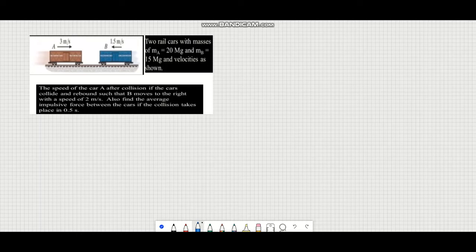Find the speed of car A after the collision, if the cars collide and rebound such that after collision B moves to the right with a speed of 2 meters per second.